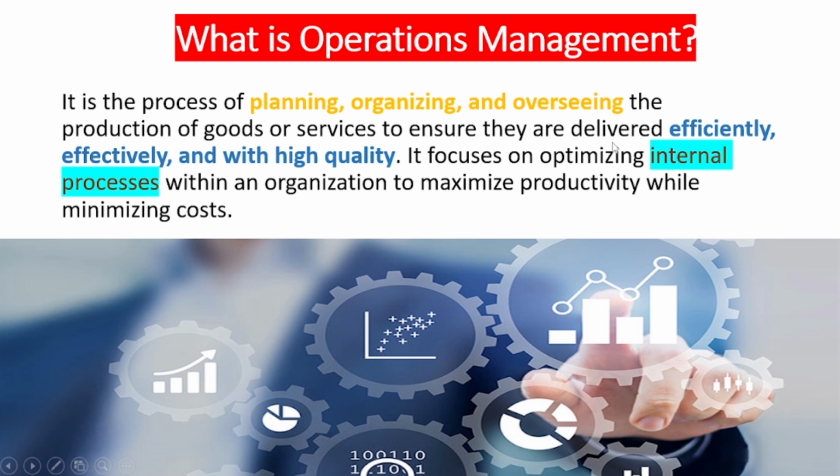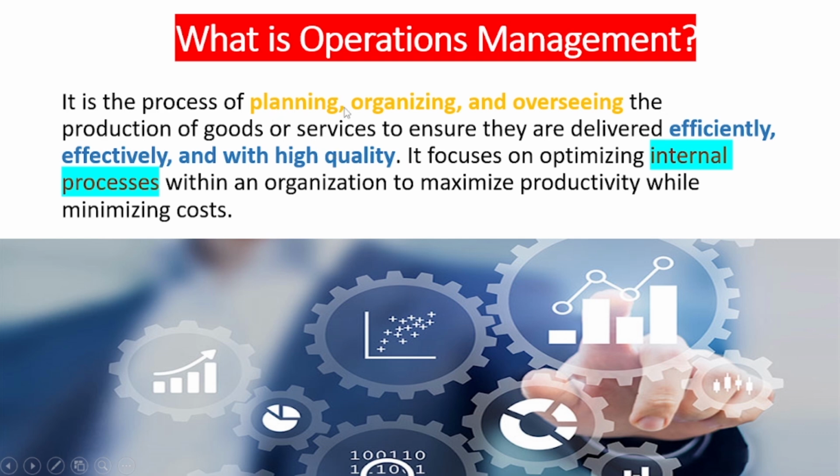to ensure that it is delivered efficiently, effectively, and with high quality. These are the things: efficiently, in a good way; effectively, same thing; and with high quality. So how will all three things be satisfied, and where are they satisfied?